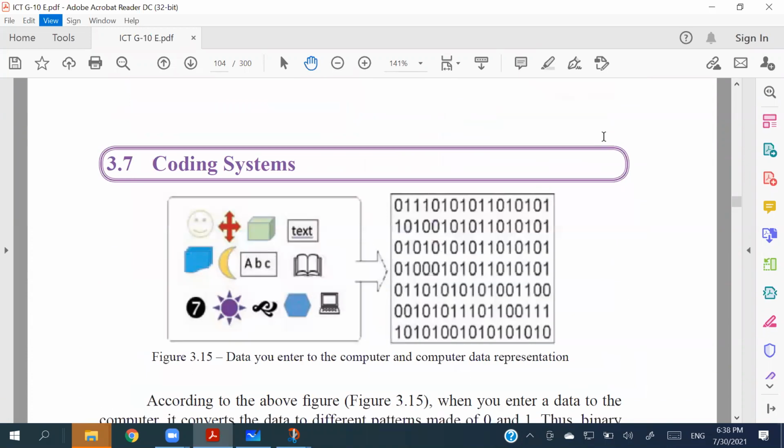So next is about the coding systems. This describes the ways that the computer has used to represent its characters from the very beginning, right?